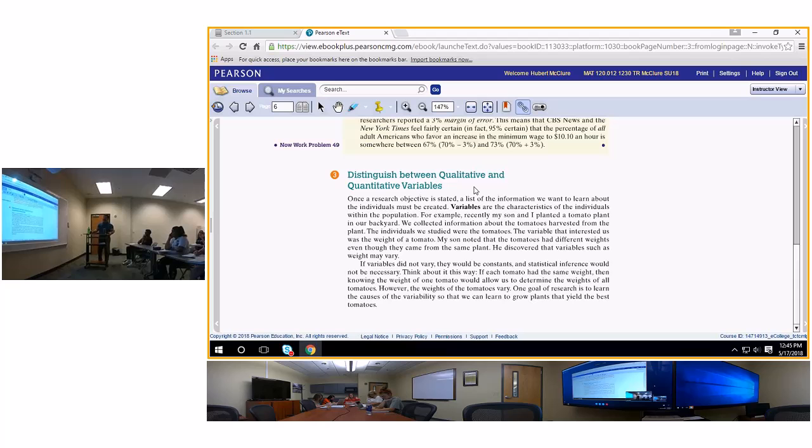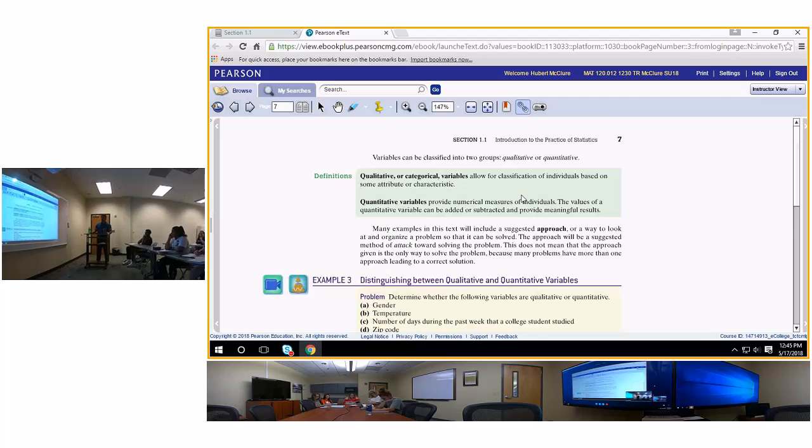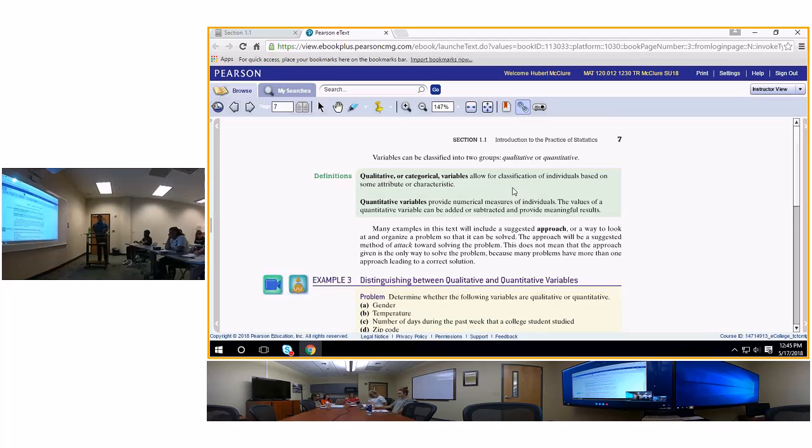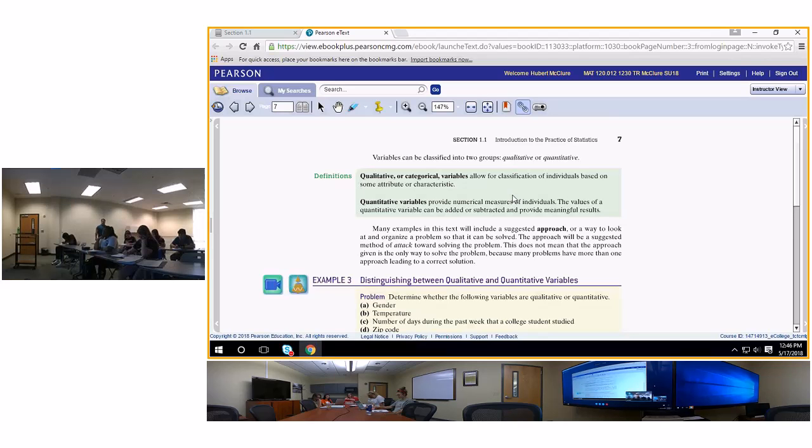Make sure you know the difference between the two, and they should give you a little box on the next page. There it is. Based on some attribute or characteristic, meaning eye color. What is the most popular eye color?